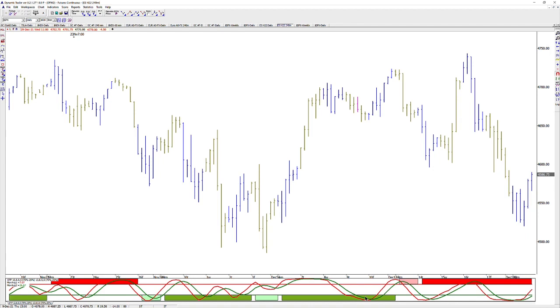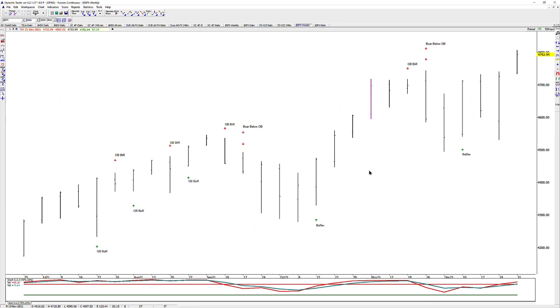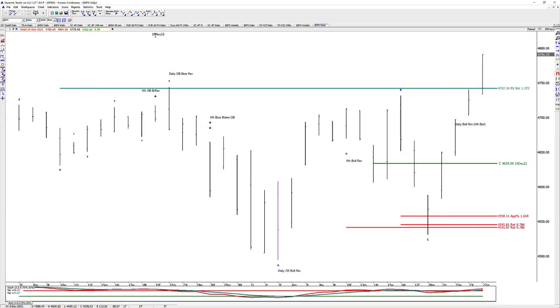So that's it for dual time frame momentum. And all this was just about how we might put it on our charts so that we're aware of the higher time frame momentum position while we're looking at the lower time frame momentum position.